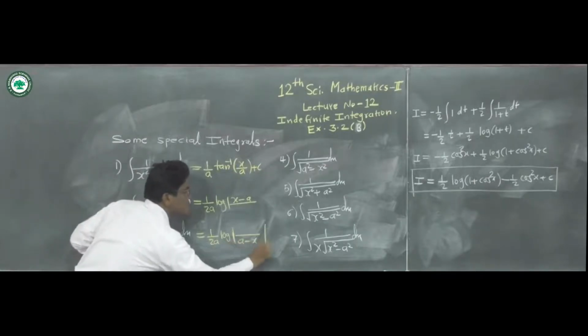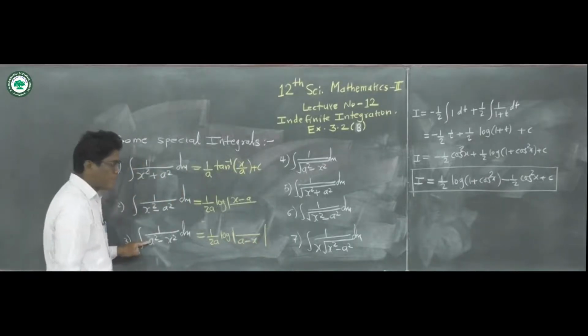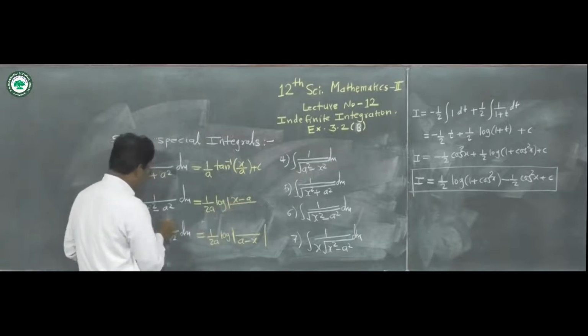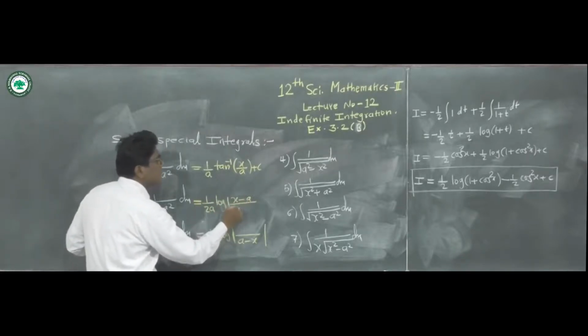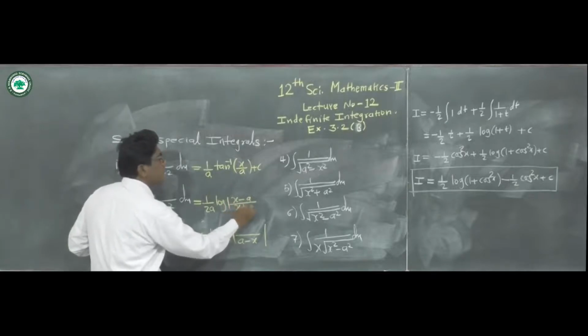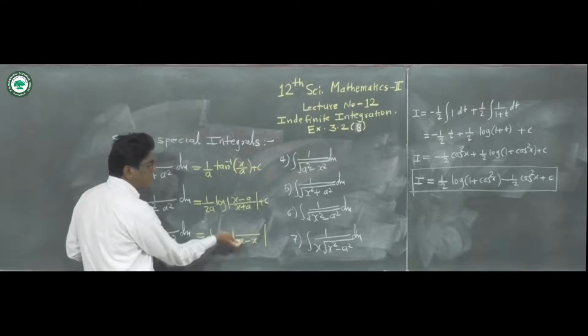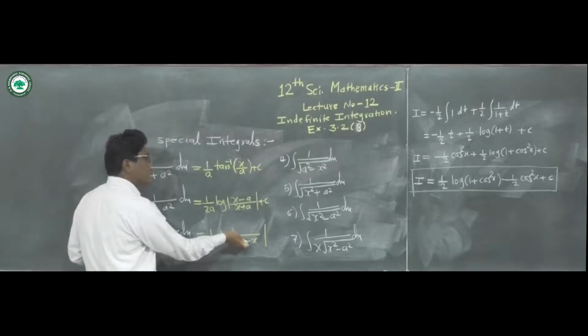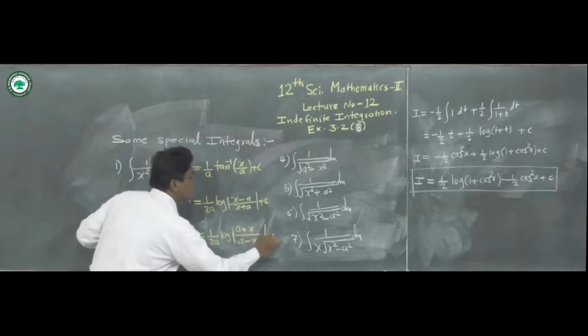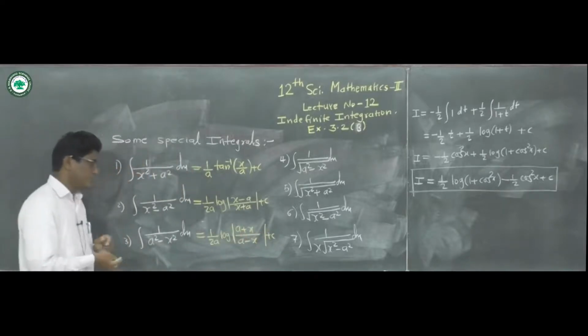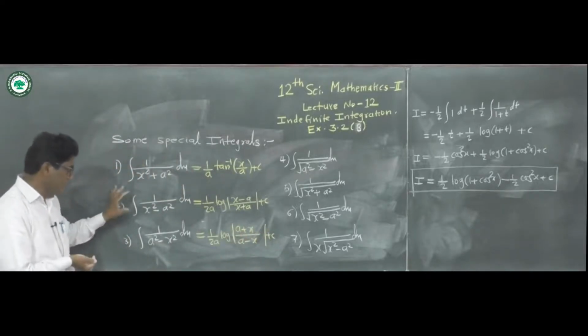Here in the second formula, x minus a in the numerator, and in the denominator its conjugate, that is x plus a, plus constant of integration. Now here in the denominator a minus x, so in the numerator we take a plus x, plus constant of integration. So in this way we remember this formula.